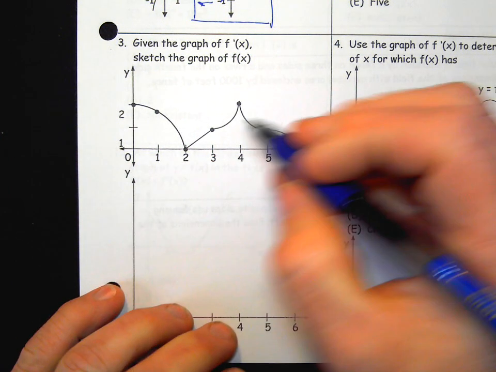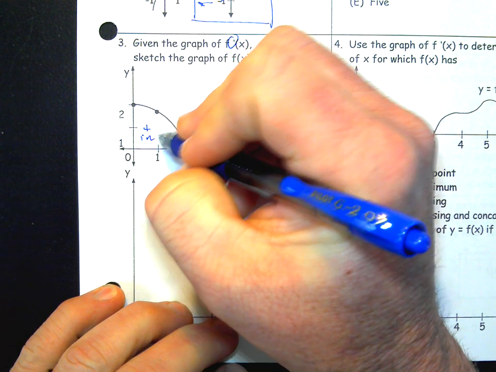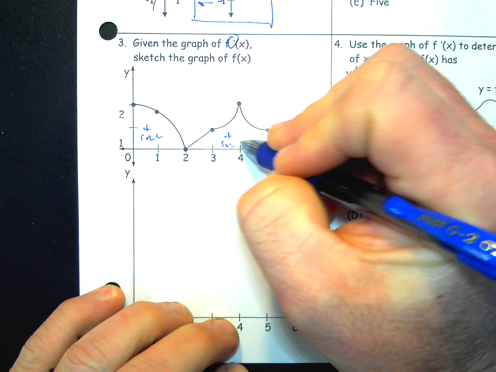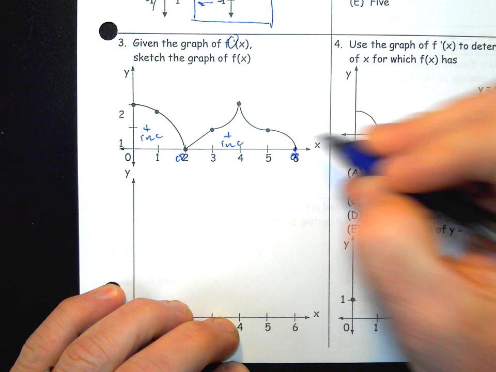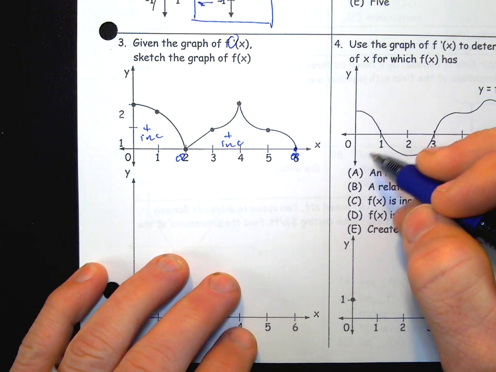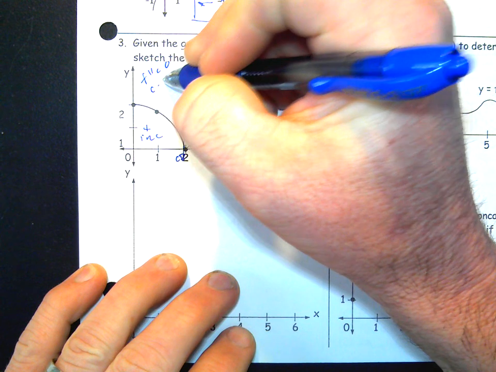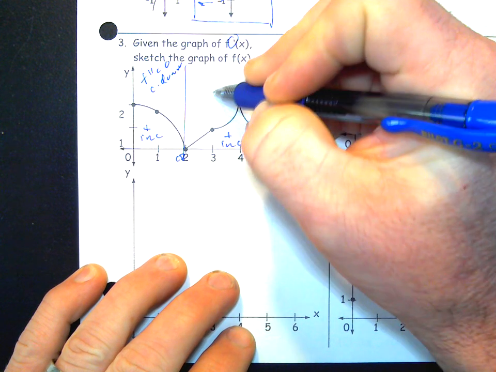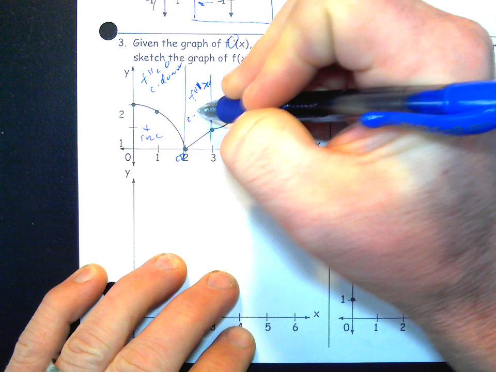Now, I would go through here and say, well, this is the graph of the derivative. So it's positive, increasing, positive, increasing. This is a critical point, f prime is 0. Here's another, f prime is 0. Here f double prime is negative, so it's concave down. Here f double prime is positive, so it's concave up.